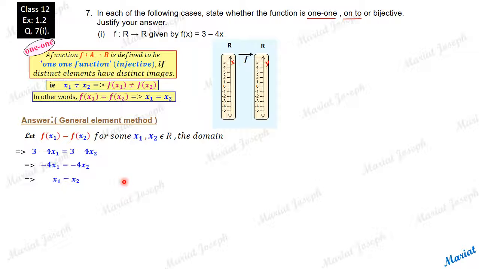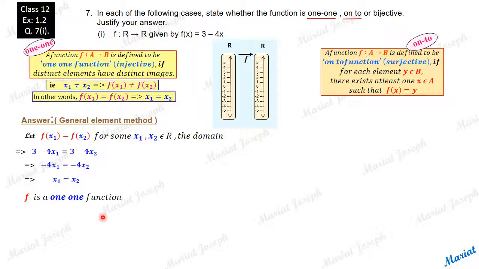No other way. In case f of x1 and f of x2 are equal, then it automatically follows that x1 and x2 should also be equal. So this fits very well with the second interpretation of the definition. Hence we say the function is a one-one function.